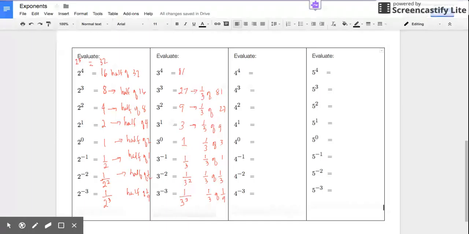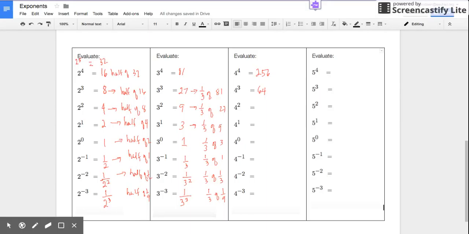Okay, so let's go to the powers of 4. 4 to the 4th is 16 times 16. That's going to be 256. You can check with your calculators if you want. 4 to the 3rd is 64. Now, how are these two related?